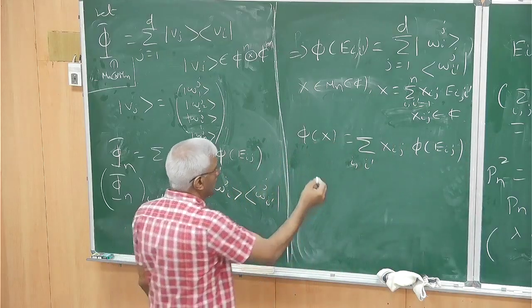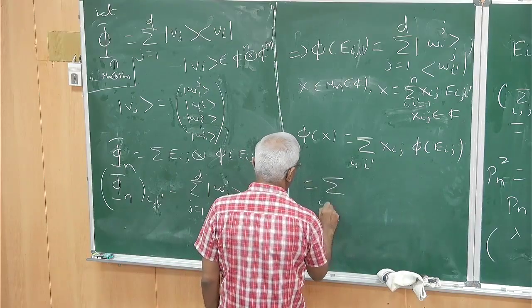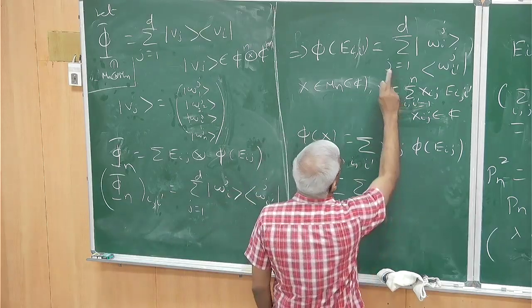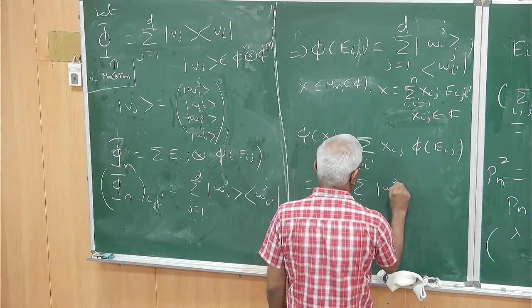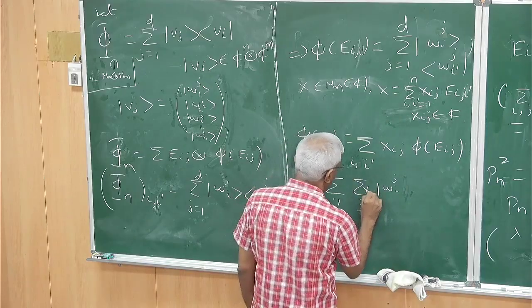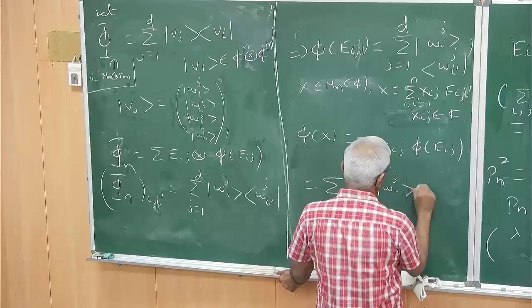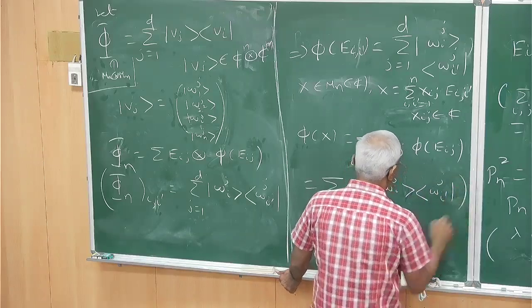We know the value of this, so this is just I prime, then summation over j, and we know the value of that, which is just omega j I. And we get x_ij here, omega j I prime. That's what we get.